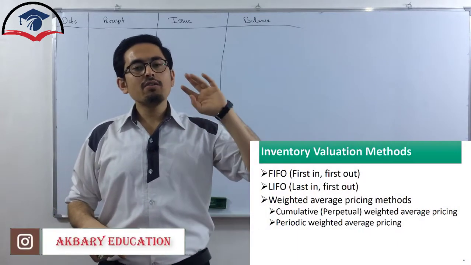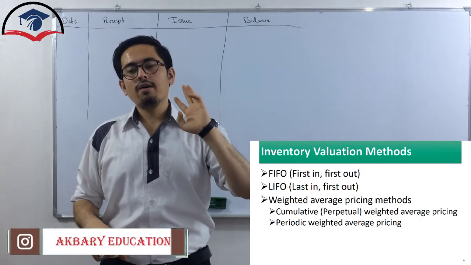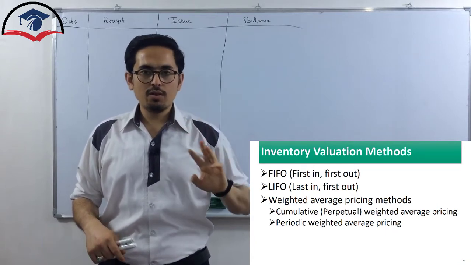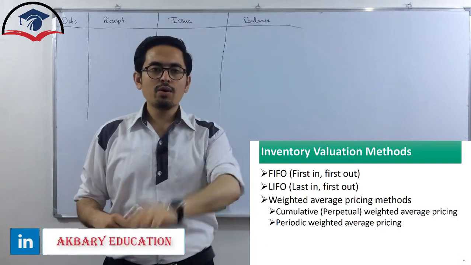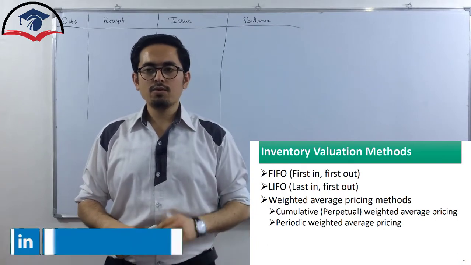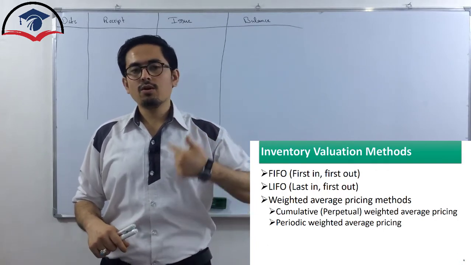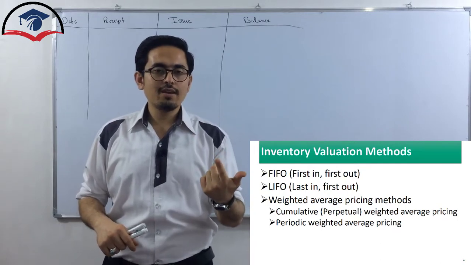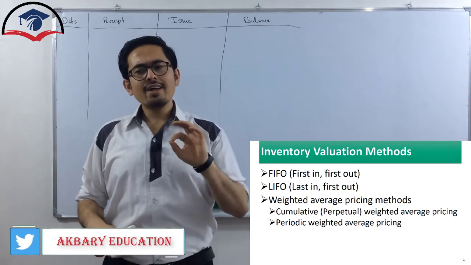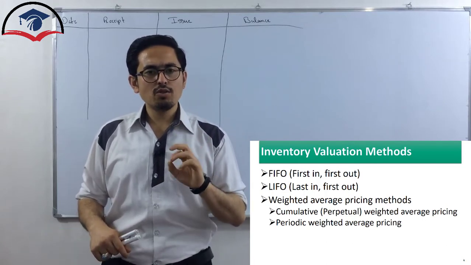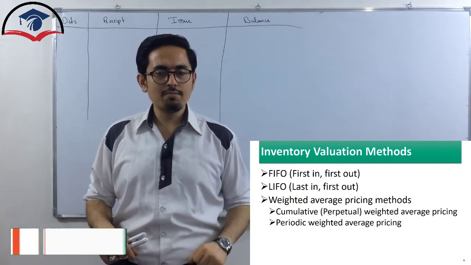There are three methods for overall inventory valuation, of which one method is subdivided into two parts. That's why we can say there are four methods. One is first in, first out. The second one is last in, first out, which is LIFO, we're gonna cover in this video, and the weighted average pricing method, which is divided into sub methods.